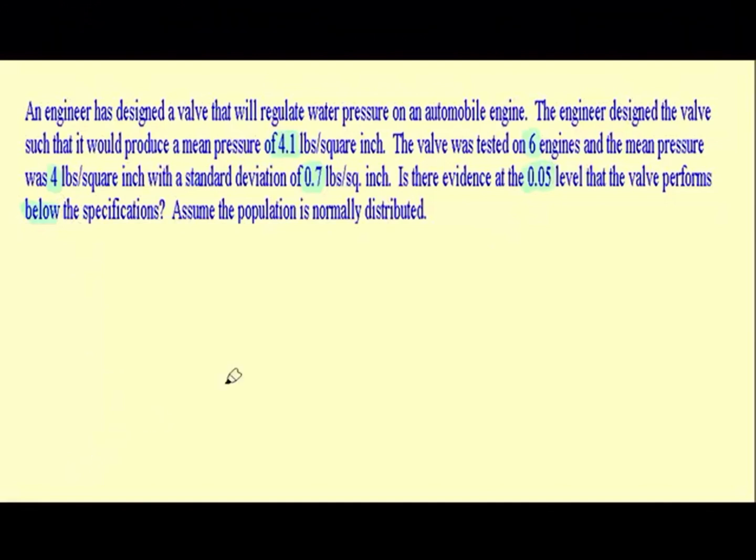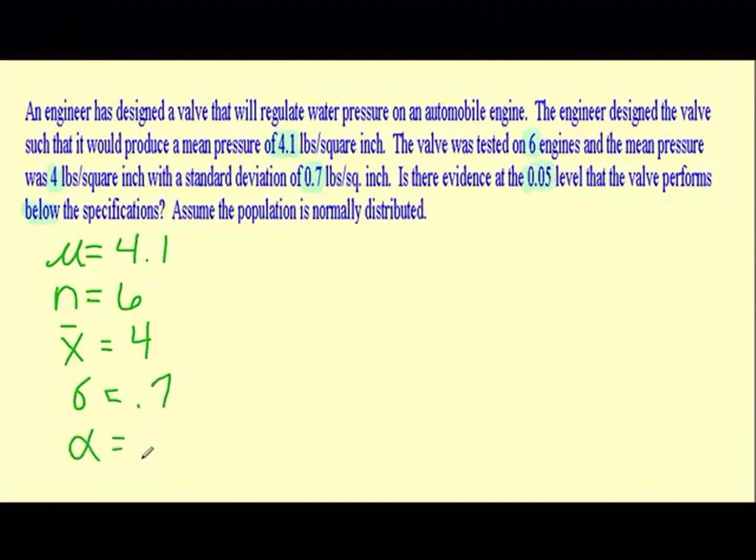Important information. The hoped for mean, or what they say, is 4.1. Sample of 6. In the sample, mean was 4. Standard deviation, thank goodness, no variance this time, was 0.7. Alpha equals 0.05, and we're looking for below, which is going to imply only one tail.